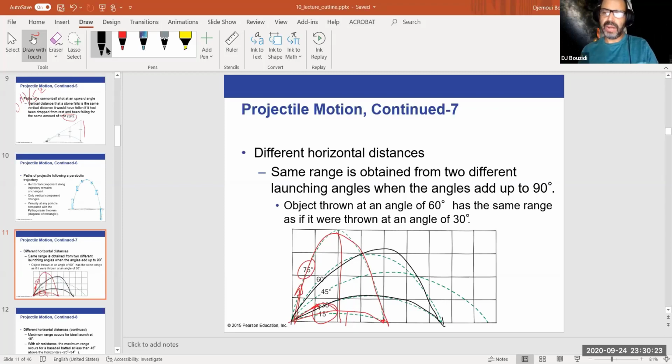But here is another argument for it. 45 degrees is actually its own complementary, okay? So that's really the only one that stands out. That is where the maximum range will be. So if you're somewhere shooting targets and you would want to hit the furthest point, 45 degrees is your best, provided there is no air resistance, okay?